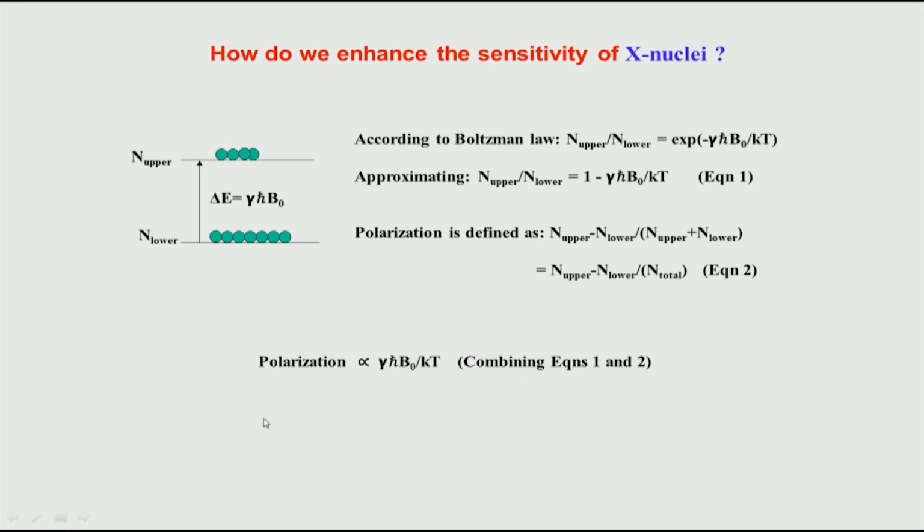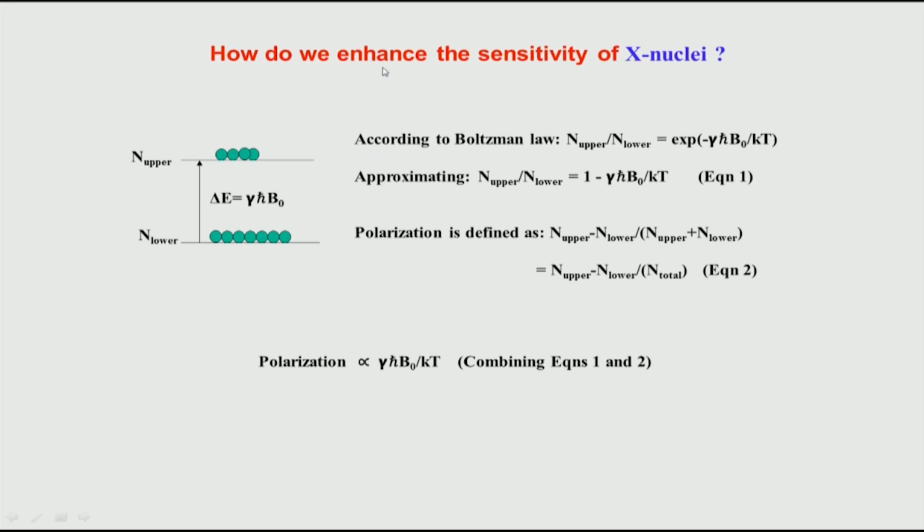What it says is that the polarization, meaning the difference in population, is proportional to this term. So, you can see that polarization is directly proportional to gamma, directly proportional to the magnetic field, and inversely proportional to temperature. If we know polarization is proportional to these factors, then we can do something to enhance it.